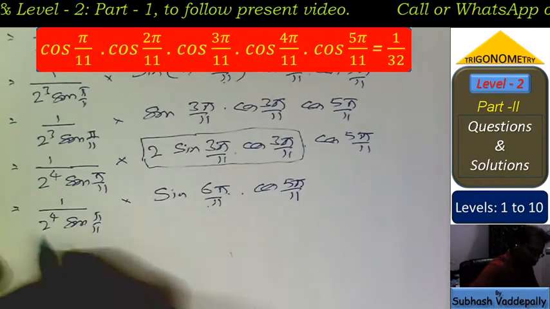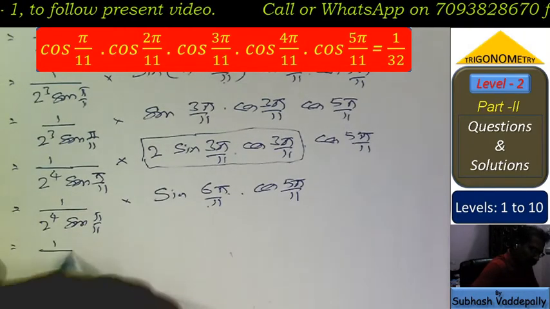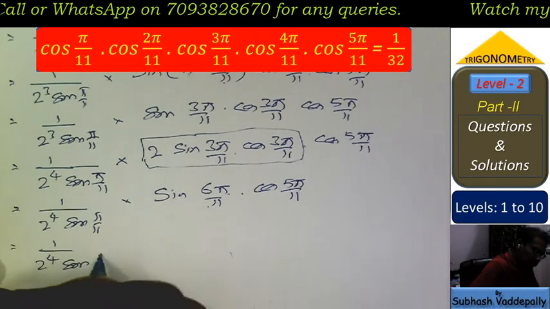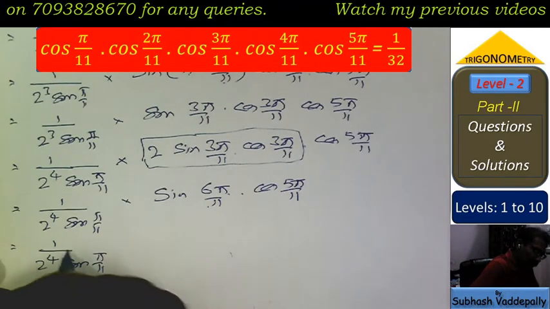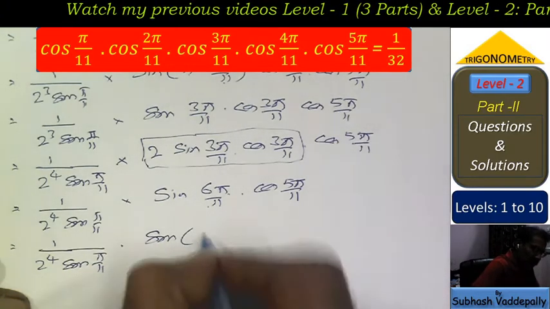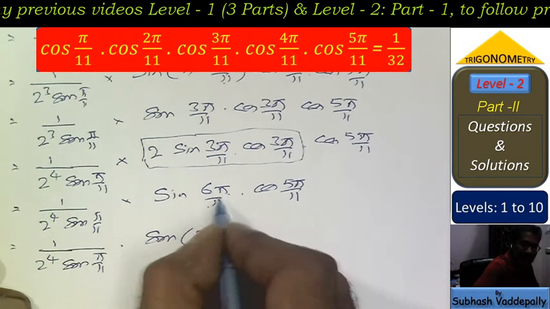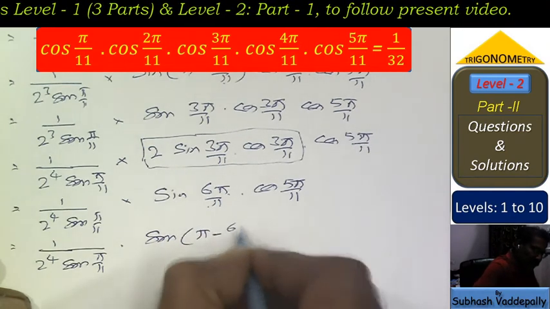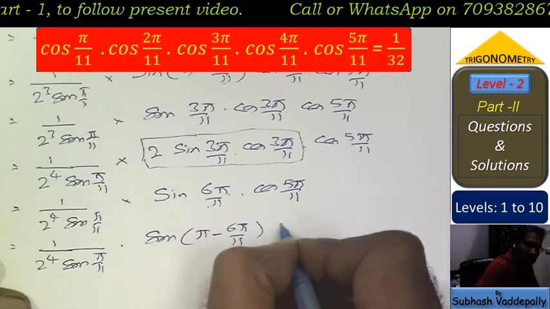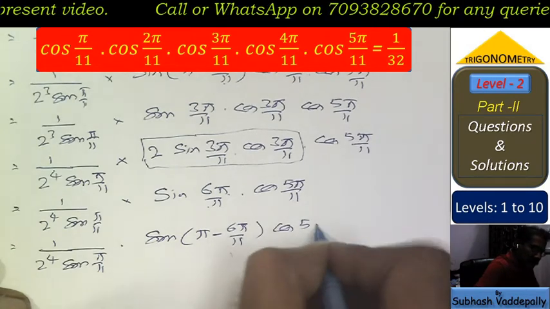Okay, so this is 1 divided by 2 power 4 sine pi by 11 into, this is sine theta, I am writing sine of pi minus theta, right? By 11 into cos pi by 11 as it is.